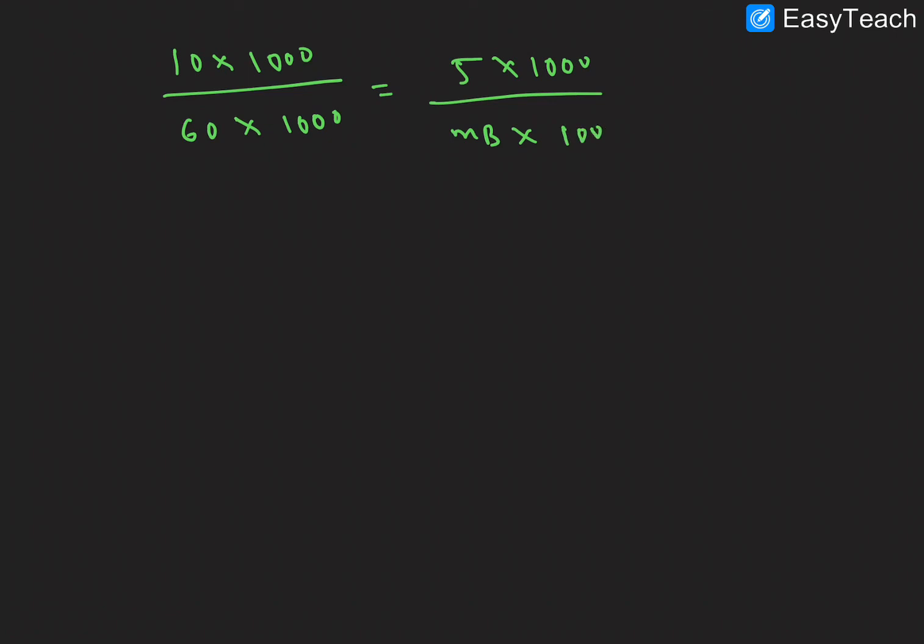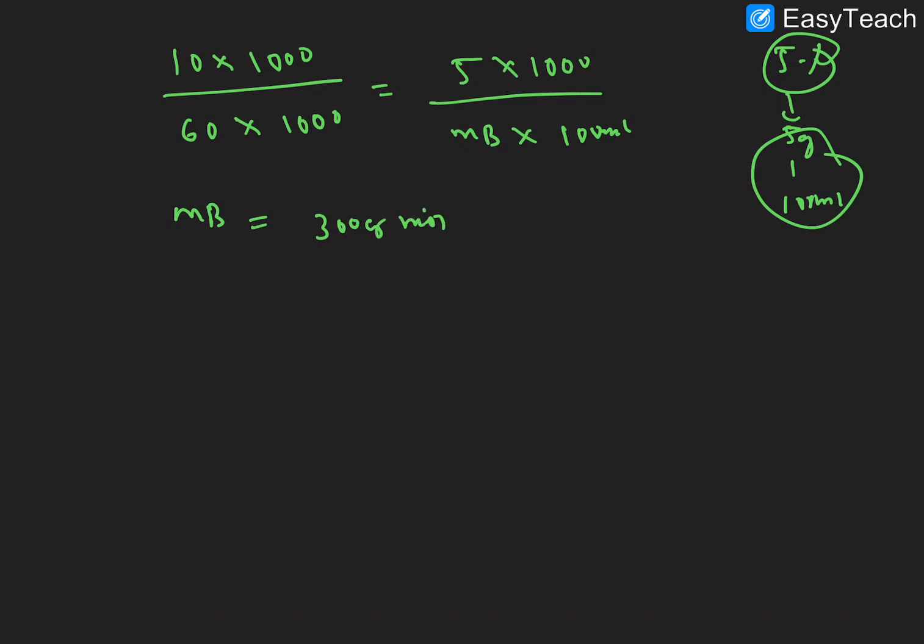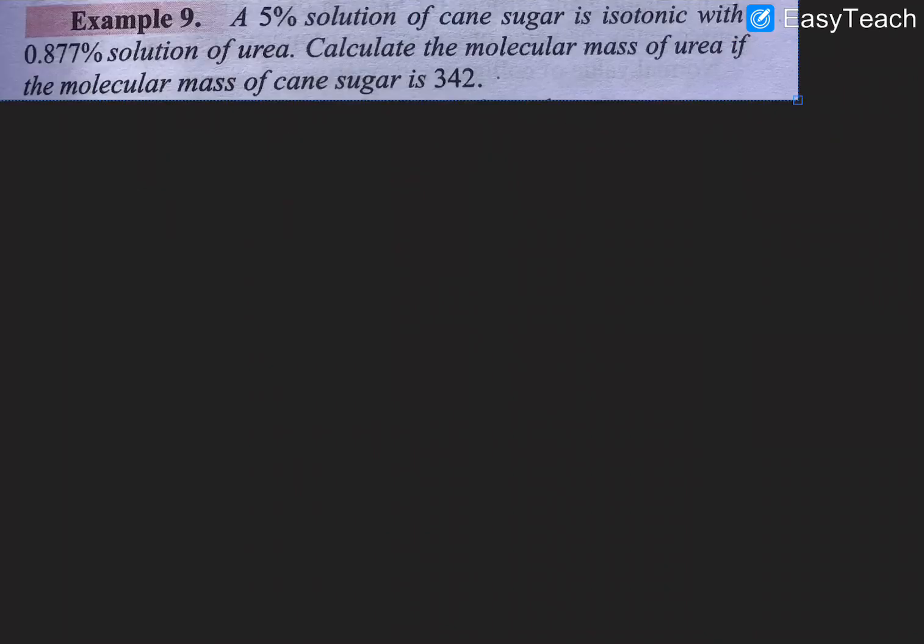This is the meaning of 5%, already I told: 5 grams present in 100 ml, so we are taking that 100 ml here. So what is the MB value, the molecular weight of the unknown solute? 300 grams per mole. This is the answer for this question. I hope it is clear.